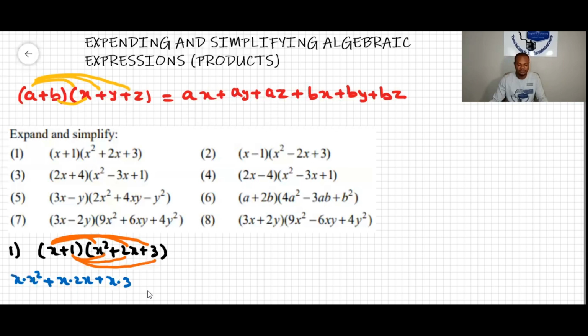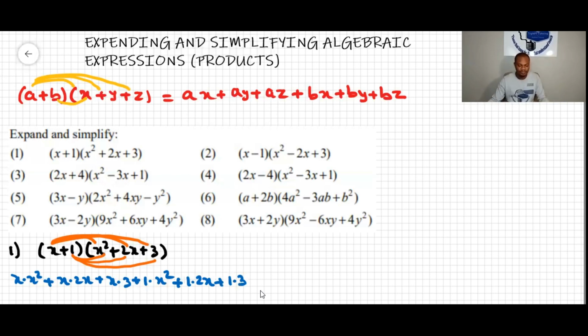Now we do the same with 1: plus 1 times x squared plus 1 times 2x plus 1 times 3. The first step is to expand, and then we simplify by applying some laws of exponents and combining like terms.